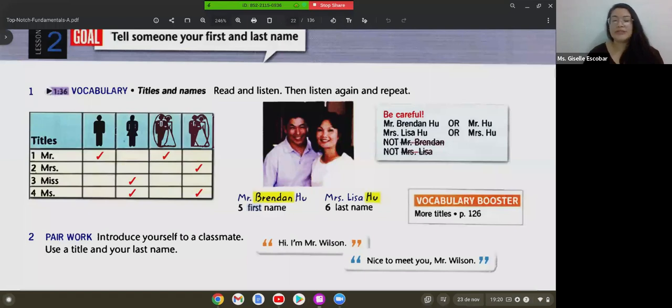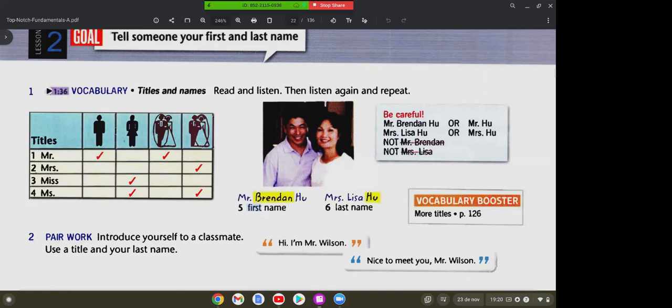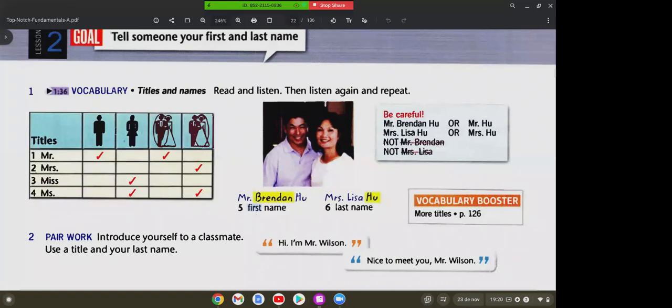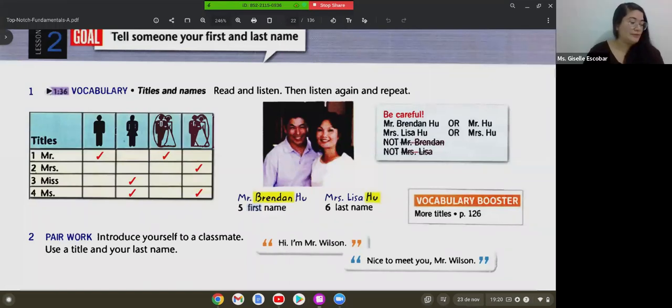Can you repeat first name? First name. Awesome. Alex, can you repeat first name? First name. Awesome. And we have number 6, which is last name. Last name. Apellido, ok? Nombre y apellido.